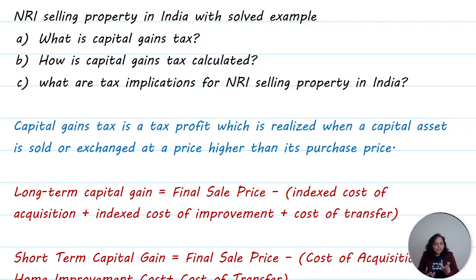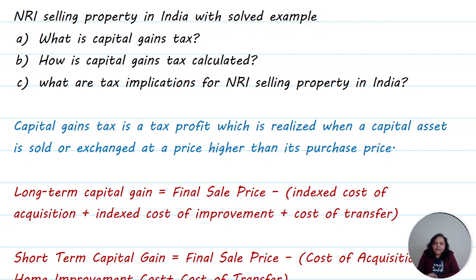If you hold the capital asset for more than 2 years, long-term capital gains tax at the rate of 20% plus surcharge plus cess will be levied on the gain that you make. Now, if you hold the asset for less than 2 years, short-term capital gains tax plus surcharge plus cess will be levied on the gain that you make at the time of selling your residential property. Correct?